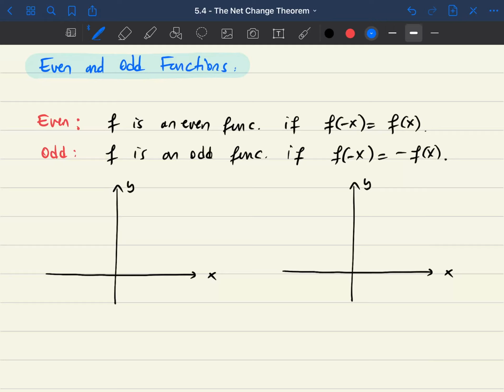For example, if you have something like this on the left, you have to have that on the right as well. This should be symmetric with respect to the y-axis, so it has to be a reflection. So this is some sort of an even function. Let me put some ornaments here. Let's say this is the interval negative a comma a. And this is an even function.